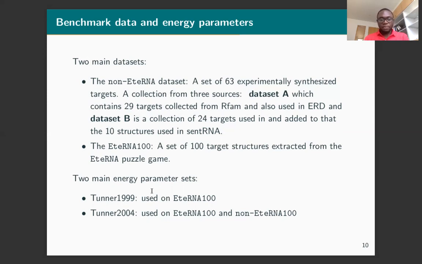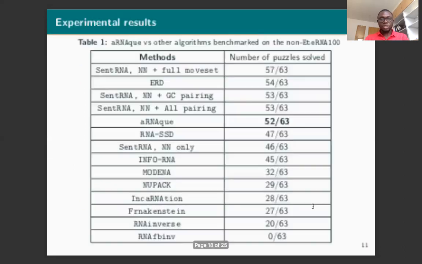For the following tools, we use two energy parameters. The Turner energy parameters proposed in 1999, which is the oldest one, we use only to benchmark the Eterna data set. And the second energy parameters is used to benchmark both, for the sake of robustness to the energy parameter change.